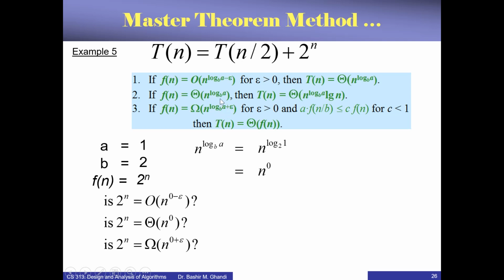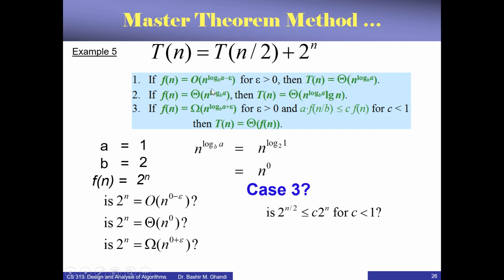Not only do we have to do this comparison, but we also have to find a c which is less than 1 that satisfies this inequality. So we have to have the two conditions before we can make the conclusion. Is it case 3? Yes, if you can also satisfy the second condition.